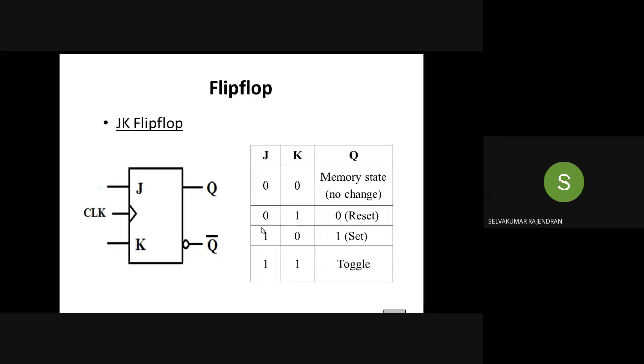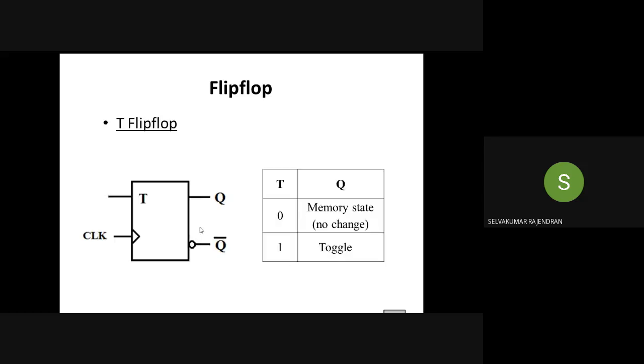Then JK flip flop. Here also two inputs J and K, one control signal or clock signal, two outputs Q and Q bar. When you are applying 0, 0 inputs, it goes to memory state. When you are applying 0, 1, reset condition; 1, 0, set condition; 1, 1, toggle condition. So T flip flop: single input T along with control signal or clock signal, two outputs.